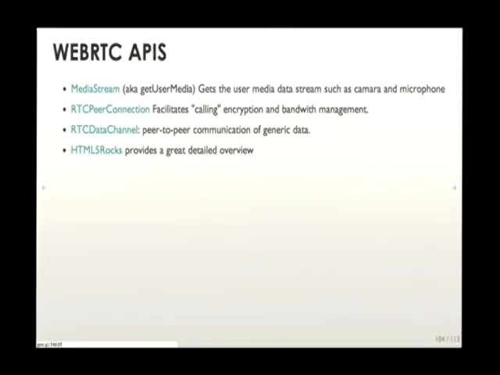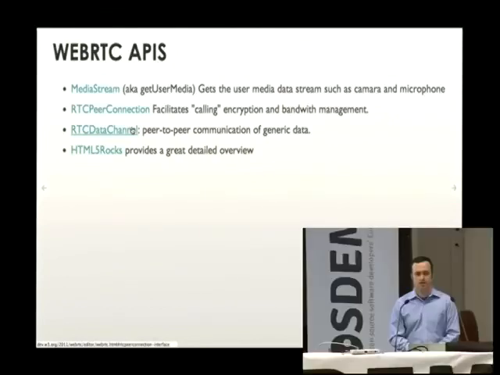And then the RTCDataChannel enables message exchange between peers, both in terms of sending JSON across if you wanted to collaborate on a whiteboard or do some basic chat system, but it's also a data channel, so you can actually use data blobs sent between peers as well.